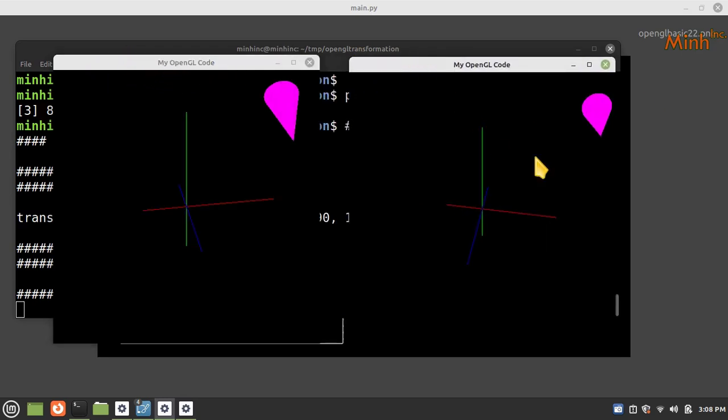Even though it is far, it is big, it is small, and it did other kind of changes also. So both are different. Left side is ortho and right side is perspective. So this also makes the change.